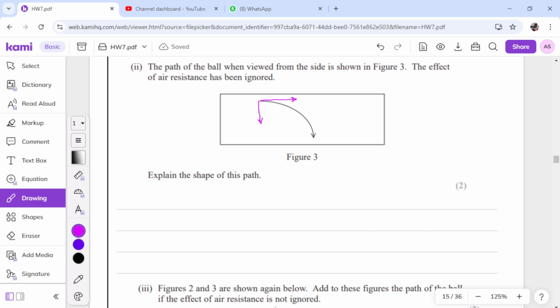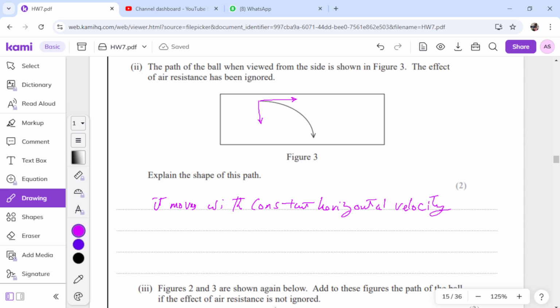It means there is no horizontal force. So when I explain the shape, I will say it moves with constant horizontal velocity.